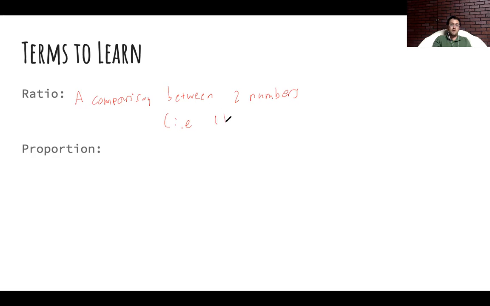So for every one boy at the music camp that I went to, there were 2 girls. And then a proportion is when you set two ratios equal to each other. So like, for instance, I may have A over B equals C over D.